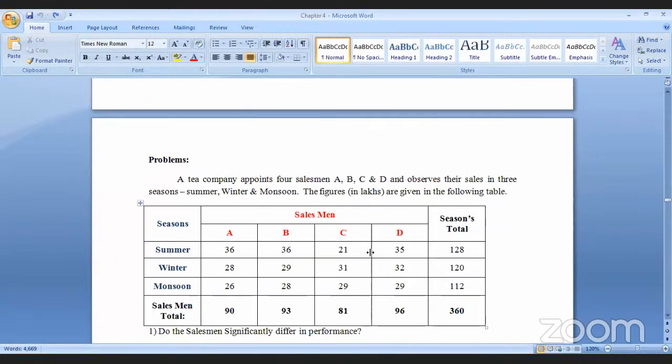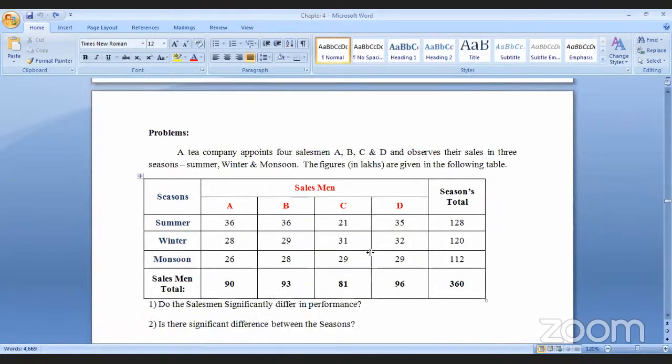See, look at one problem, where a two-way classification problem is. A tea company appoints 4 salesmen A, B, C and D and observes their sales in 3 seasons, that is summer, winter, monsoon. The figures in lakhs are given in the following table. Seasons: summer, winter, monsoon; salesmen A, B, C, D. Four salesmen sold tea in these 3 seasons. So observe the information carefully.